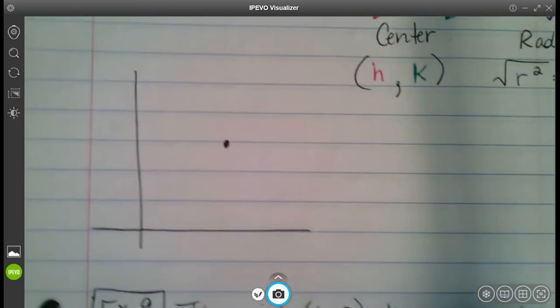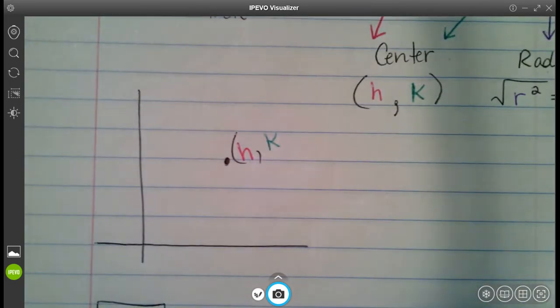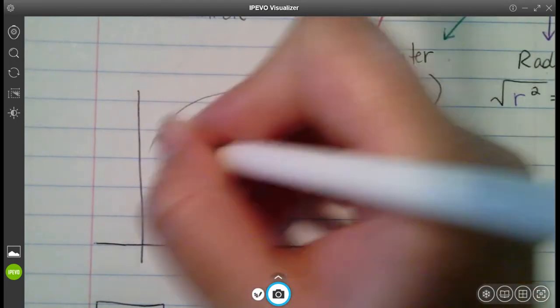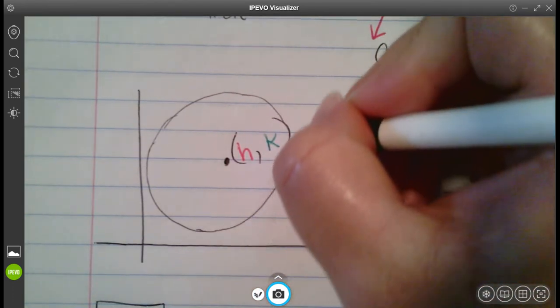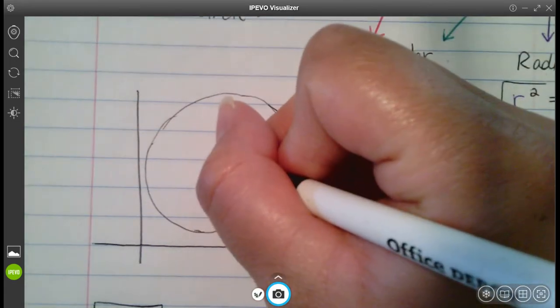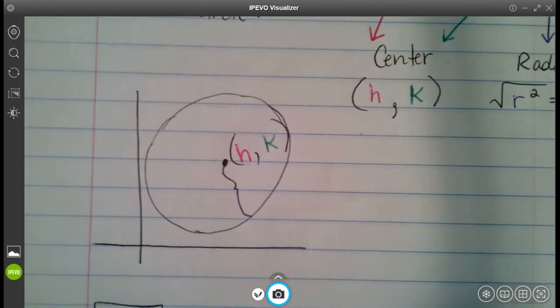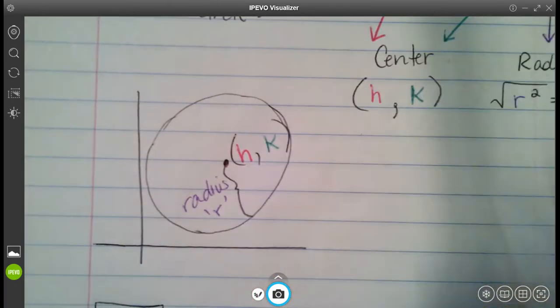Just to show a diagram here, let's pretend that this is our circle, and we have our point in the middle, (h, k). Then we have a circle. Hopefully I can draw it somewhat resembling a circle. Well, that's like a lopsided egg. That's all right. The distance from here to here is our radius, r.